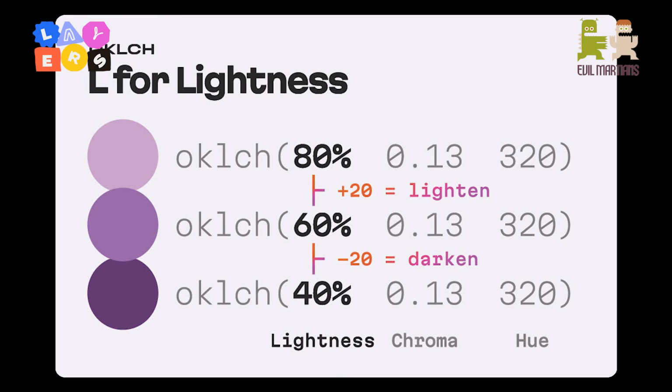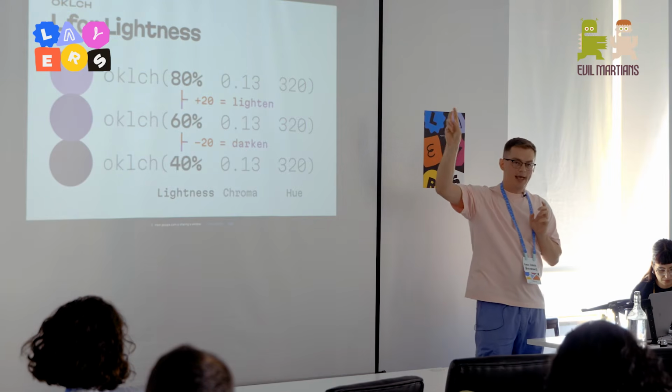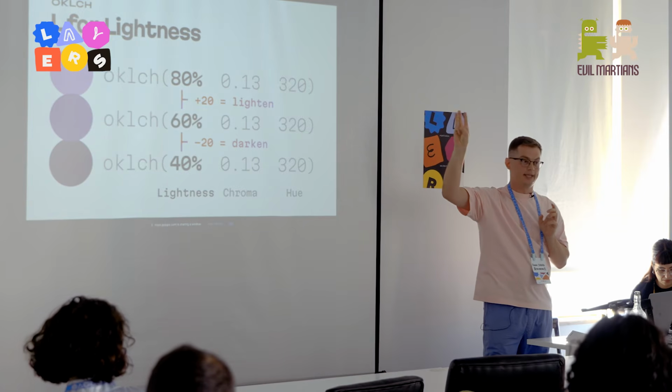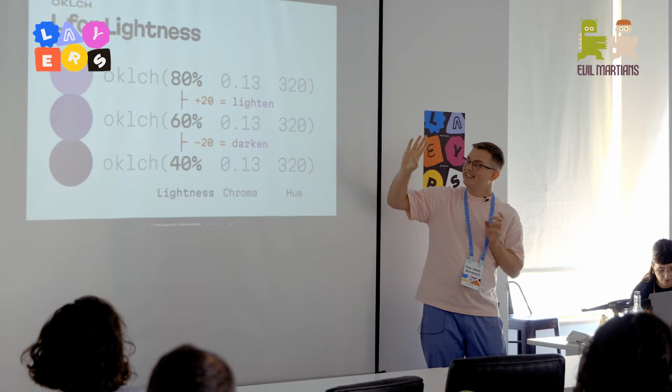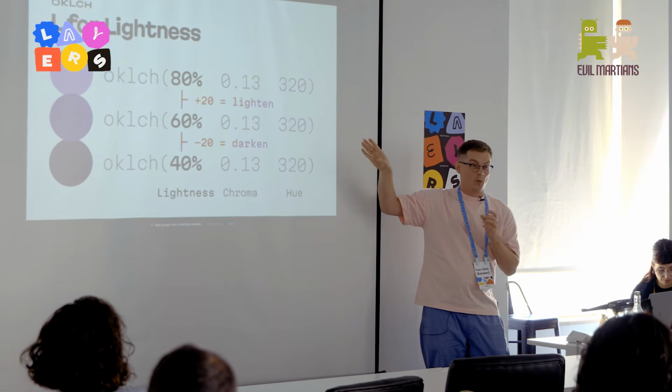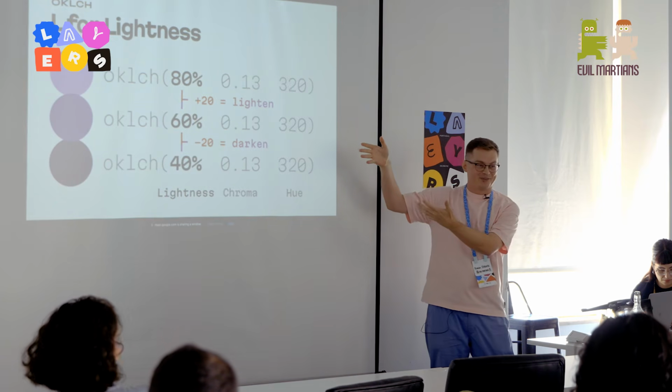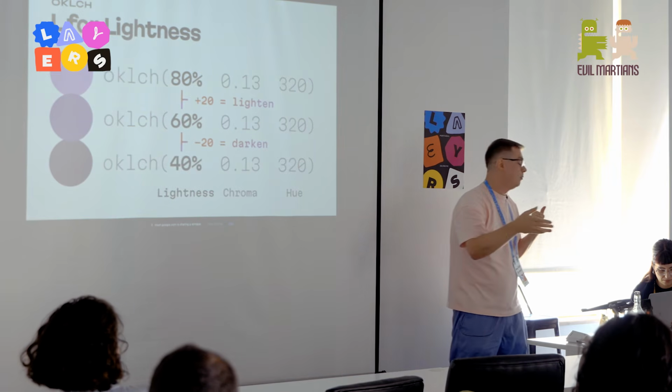OKLCH operates by 3 parameters: lightness, chroma, and hue. LCH: lightness, chroma, and hue. And you already get this. We need to use lightness for our purpose.